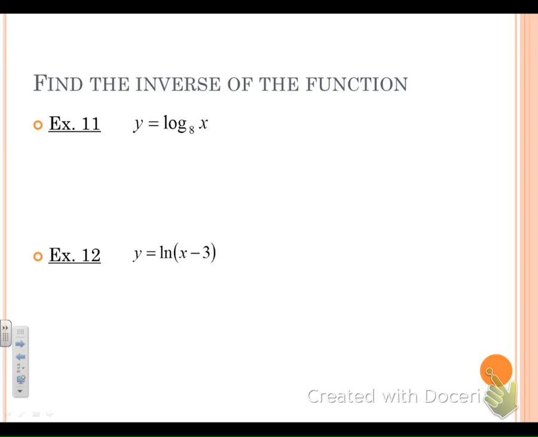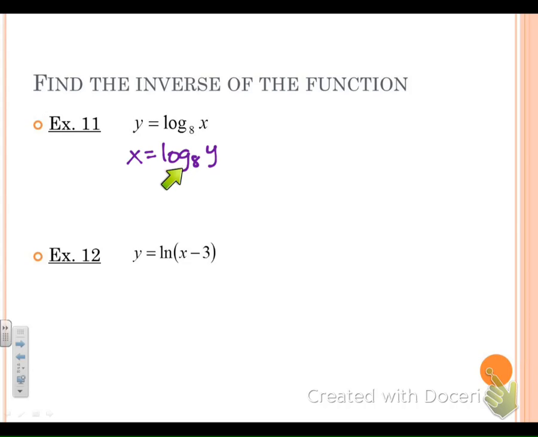Finding the inverse. So let's practice finding the inverse the way we did in chapter 7. We switch x and y first. Then we solve for y. Well, in order to get y by itself, we're going to need to rewrite in the exponential form. So wait a second.